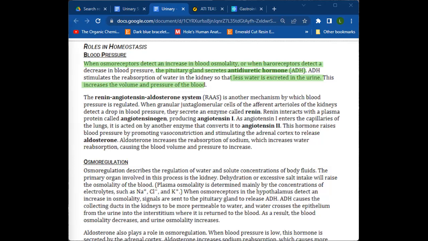Okay, and then let's take a look at how the kidneys also regulate blood pressure, which is through the renin-angiotensin-aldosterone system.